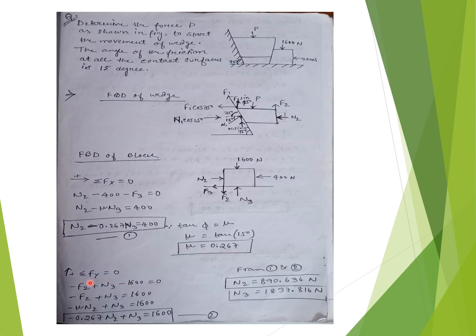Now we calculate the vertical components of all the forces. Minus F2 plus N3 minus 1600 equal to 0. From here, minus 0.267 N2 plus N3 equal to 1600. We find N2 and N3 with the help of equations 1 and 2.